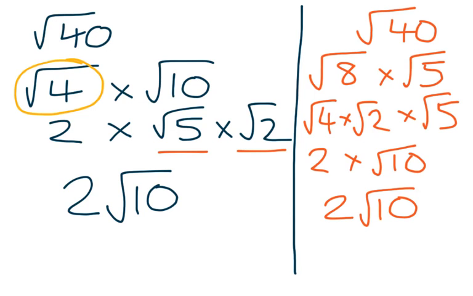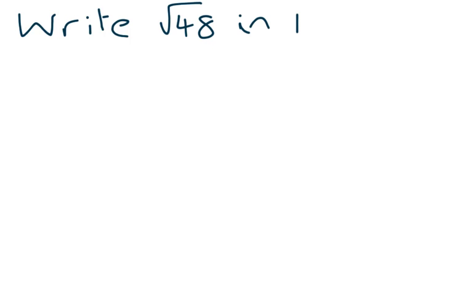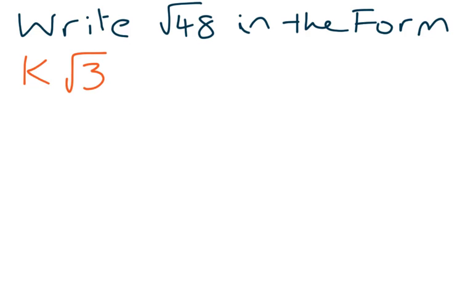Okay, so how do we assess surds at GCSE? Well, you could see a question written like this. Write root 48 in the form k root 3, where k is an integer.